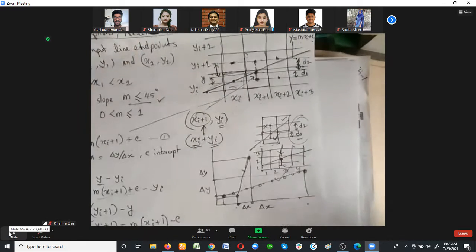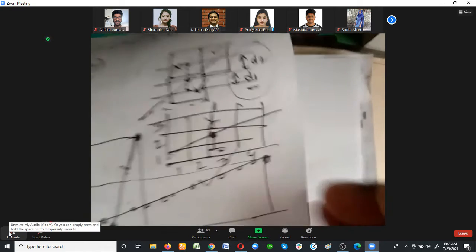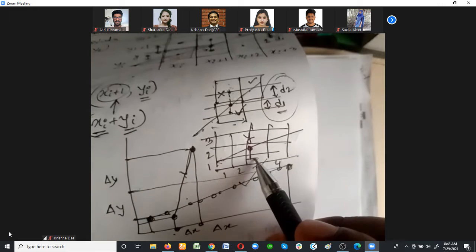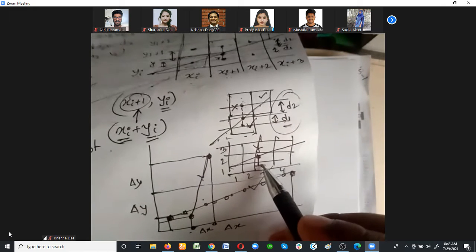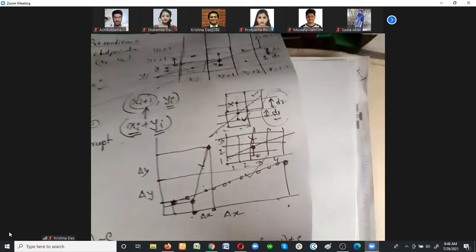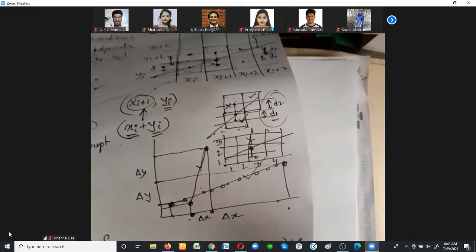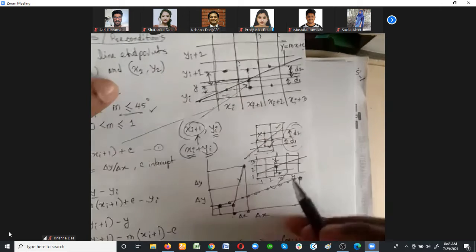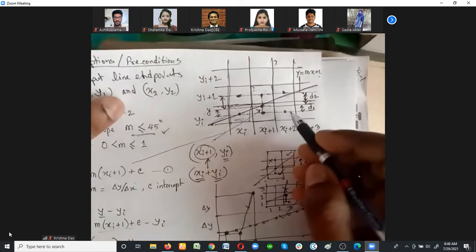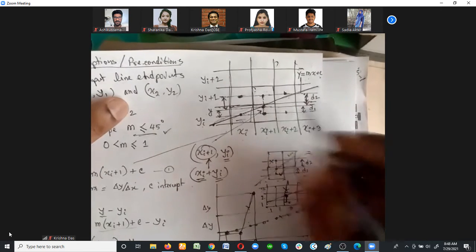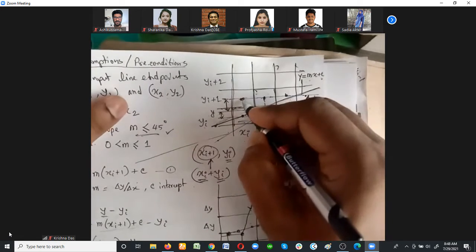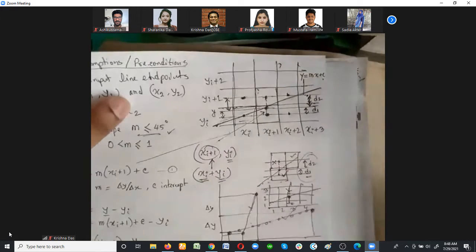Why am I taking this? Because every pixel is a square box, but whenever we consider a point, we need to consider a point for that pixel. So that's why we have taken in every case the center point of the pixel, representing that pixel.